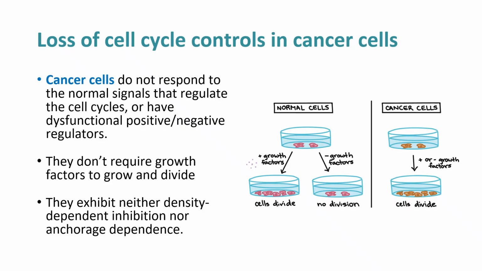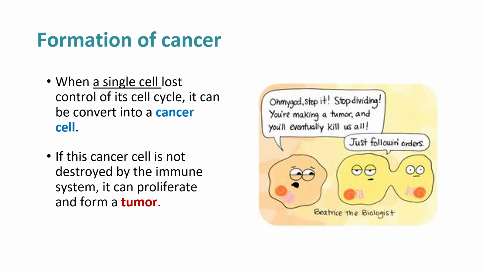And so they're going to be creating cells that we don't want to have. The consequence of an uncontrollable cell cycle is the formation of cancer. So when a single cell loses control of its cell cycle, it can be converted into a cancer cell, and eventually that can proliferate and form a tumor.